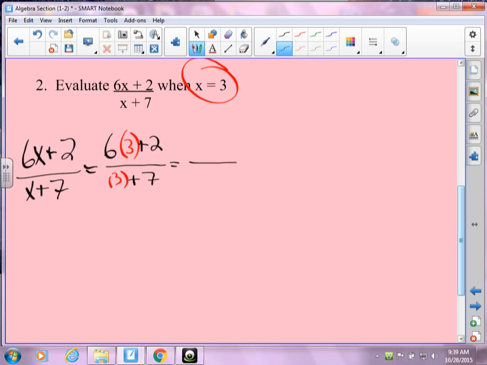Okay, treat my numerator separately. What do I do first? Yes. 6 times 3. Which is? 18. Close, yep. 18, that's all right. Okay, and then the denominator, what do I get?